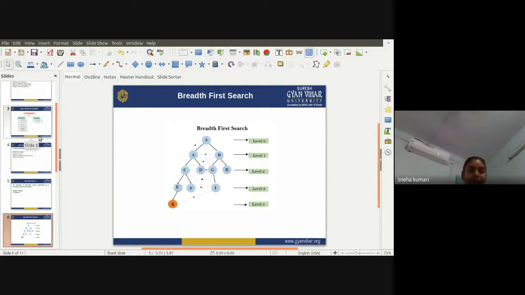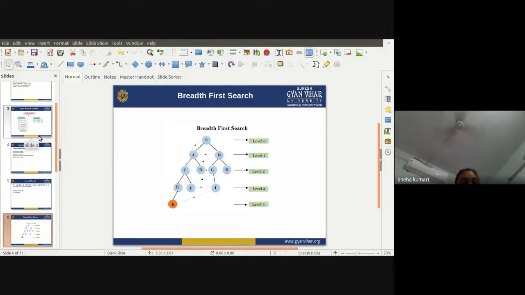So BFS is complete, which means if the shallowest goal node is at some finite depth, BFS will find a solution. Definitely, whatever you search, if it is present in the input set, then BFS will find that search key.